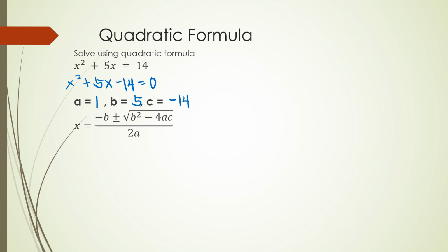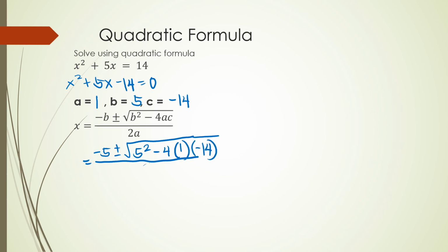Using the quadratic formula, you're going to substitute each value. So you have b, which is 5, so you have negative 5, plus minus the square root of, you have b squared, so you have 5 squared minus 4, and then your a is 1, and then your c is negative 14, over 2 times 1 is equal to, simplify yung mga nasa loob ni square root sign.